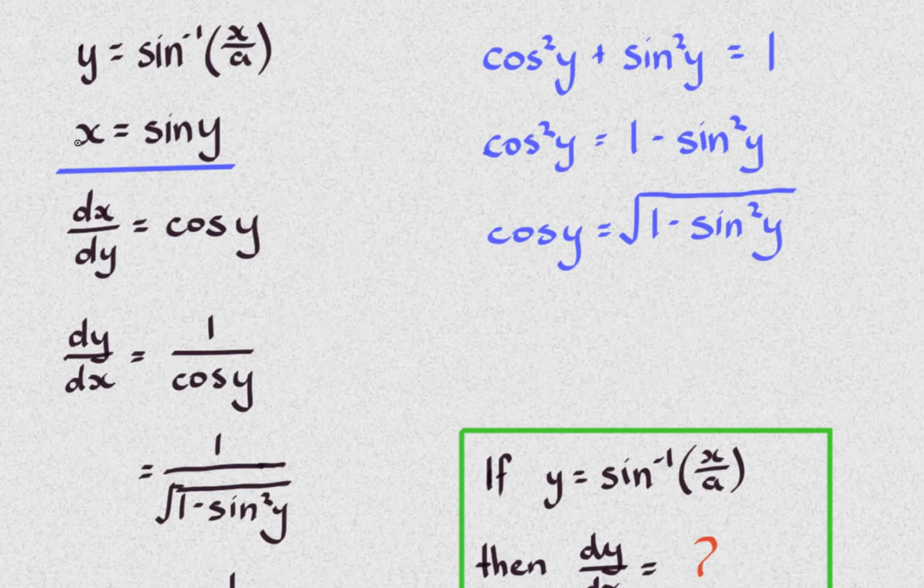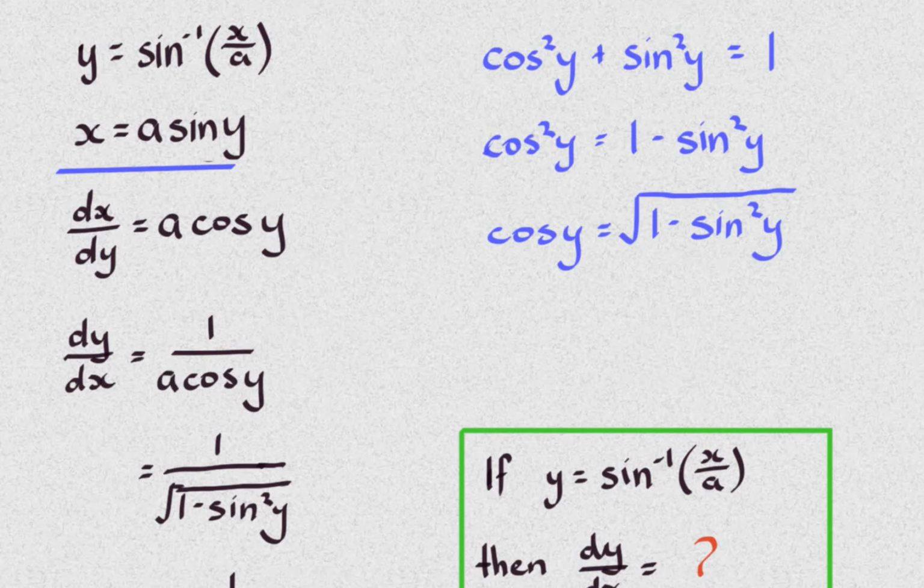So this means our second line becomes x on a equals sine y, or x equals a sine y if we multiply the a to the right hand side. Deriving, we will then get dx/dy equals a cos y, and so when we reciprocate both sides, we get dy/dx equals 1 over a cos y.